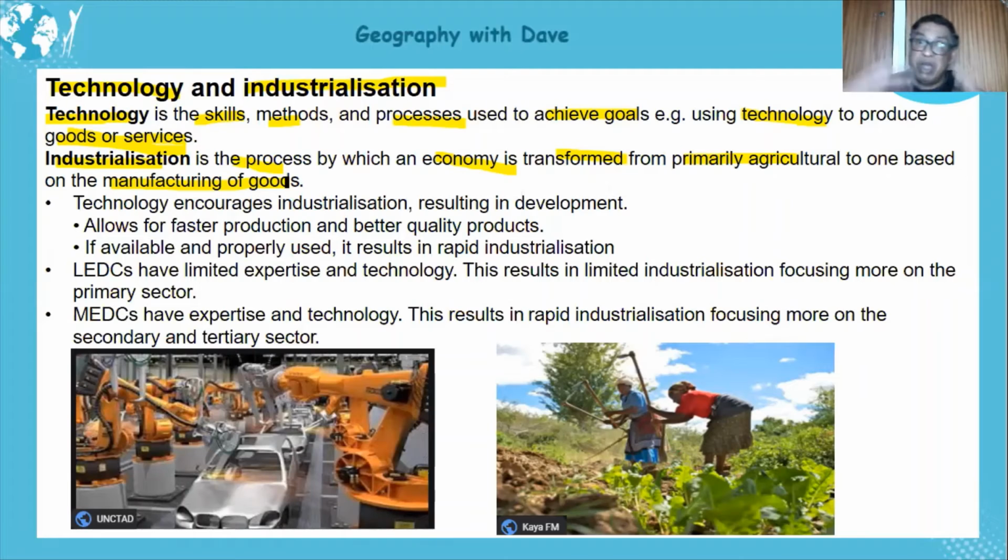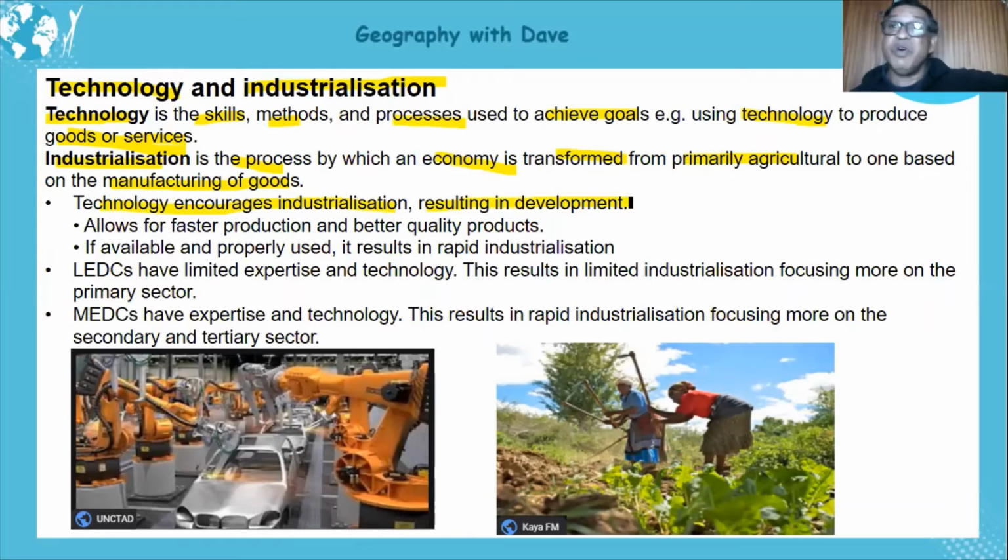Because now they're producing and they're selling. That's industrialization. Not that the LEDCs don't have industrialization, they do, but it's far less. They're poor in industrialization.